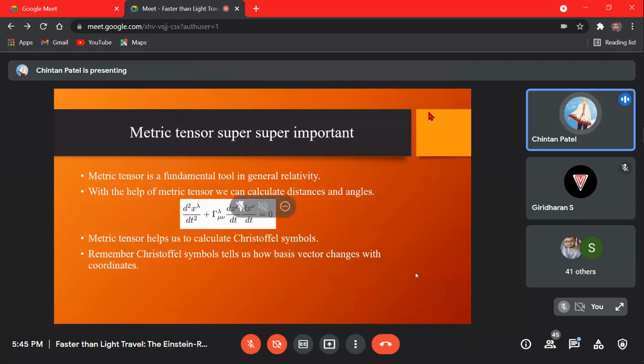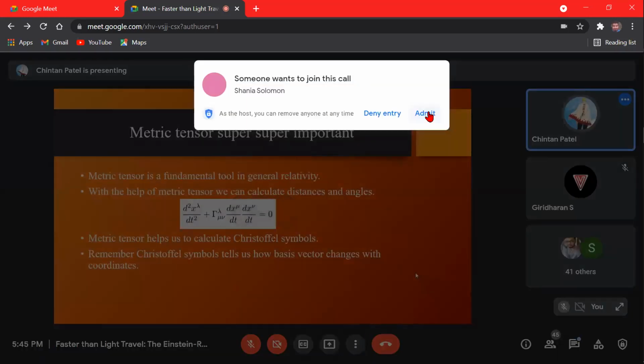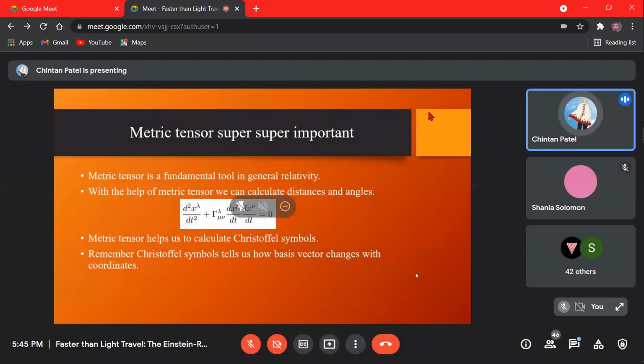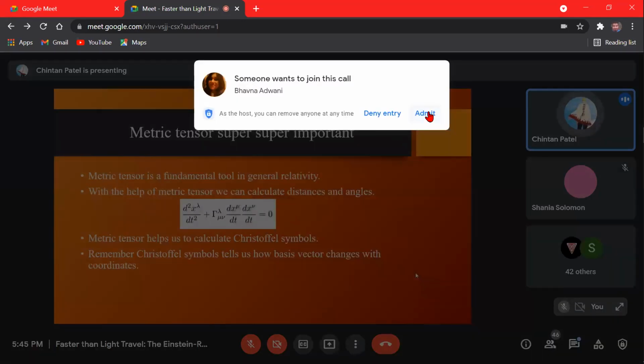For us, right now, this much is important: the metric tensor helps us calculate the Christoffel symbol, which will eventually help us calculate how the basis vectors change. So the metric tensor helps us get the Christoffel symbol, and the Christoffel symbol helps us calculate the change in the basis vector along the proper time as our motion goes by. That's how it is related.